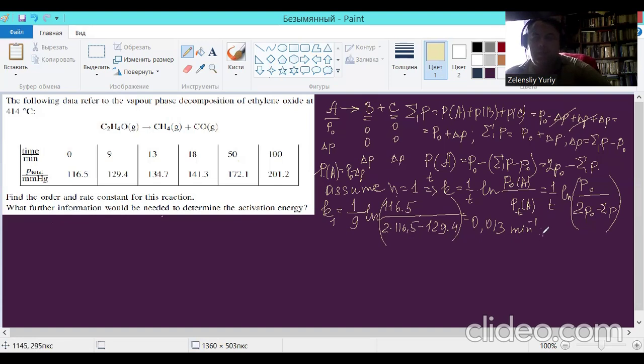Okay, let's compute the magnitudes of k2 in the same manner. Now it's going to be 1 over 13 times the natural logarithm of the fraction, and the numerator is the same, 116.5. The denominator is double this value minus, and at time 13 minutes, the total pressure is equal to, if I can see it correctly, 134.7.